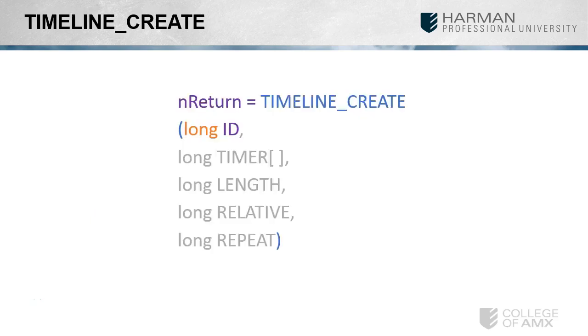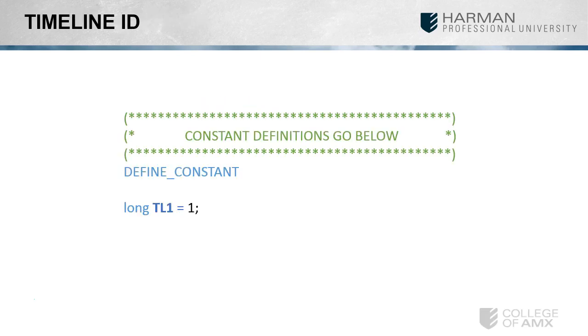To create a timeline, the timeline create function is used. Each timeline is identified by an ID number. That number is typically stored in a constant that describes the timeline's use. Let's assume our timeline ID is represented by the constant TL1. This ID must be unique and defined as a constant either in the defined constant section or in the defined variable section.